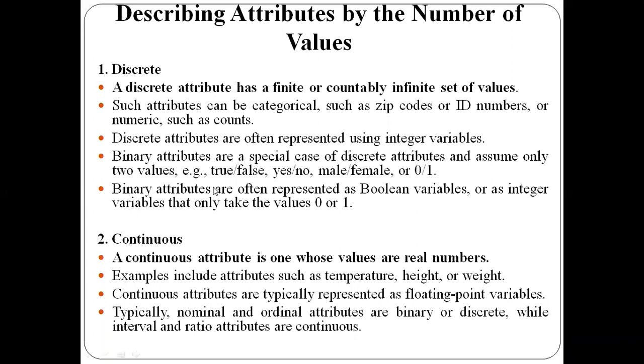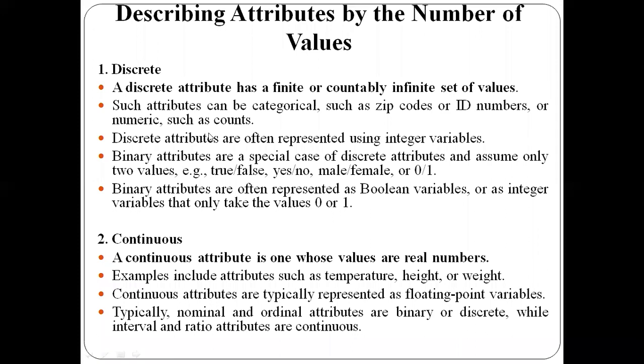Discrete attributes which have only two values, 0 or 1, true or false, yes or no, male or female, are binary discrete attributes. They will be represented in the form of Boolean variables or integer variables, either 0 or 1, true or false.